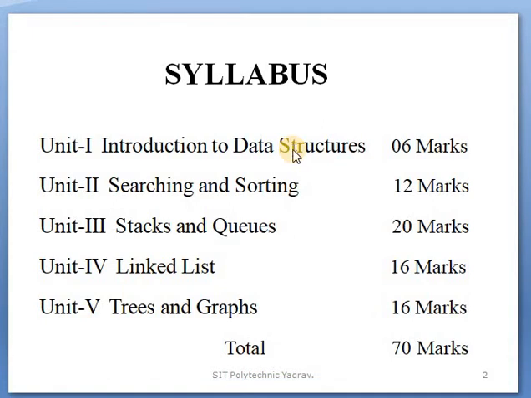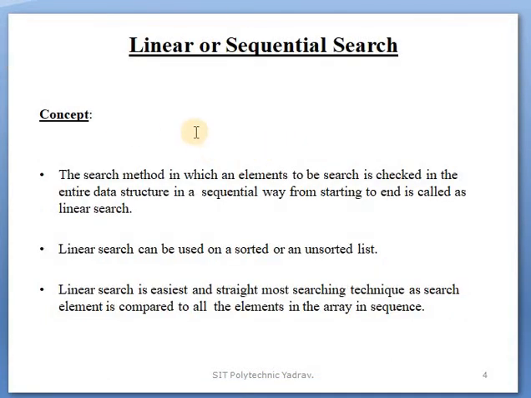After that, again we repeat the definition. What is meant by linear search? The search method in which an element to be searched is checked in the entire data structure in a sequential way, from starting to end, is called linear search. Clear? It is a simple searching method.